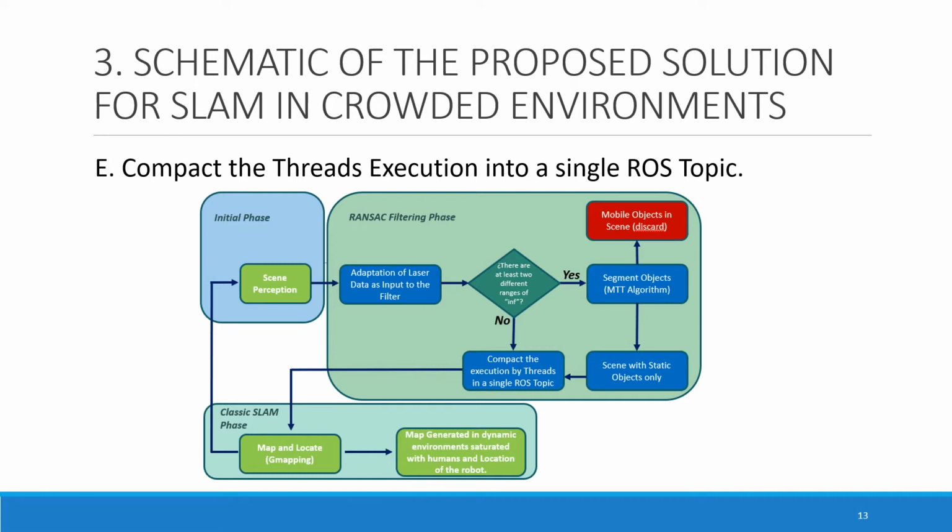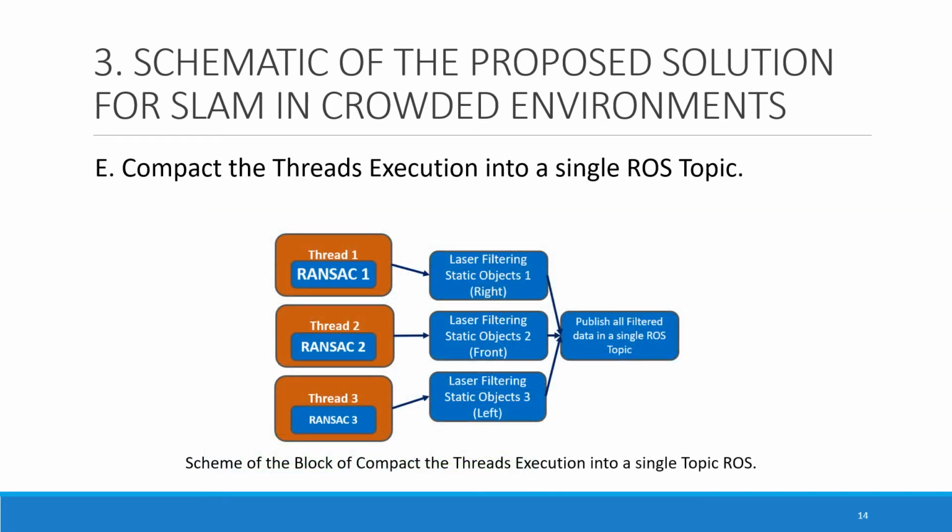Since the structure of a robot can contain multiple built-in sensors, we propose a RANSAC method for each sensor. Thus, its performance is improved. The data published through each sensor of a robot have to be joined and its results are sent to SLAM, as shown in this figure.